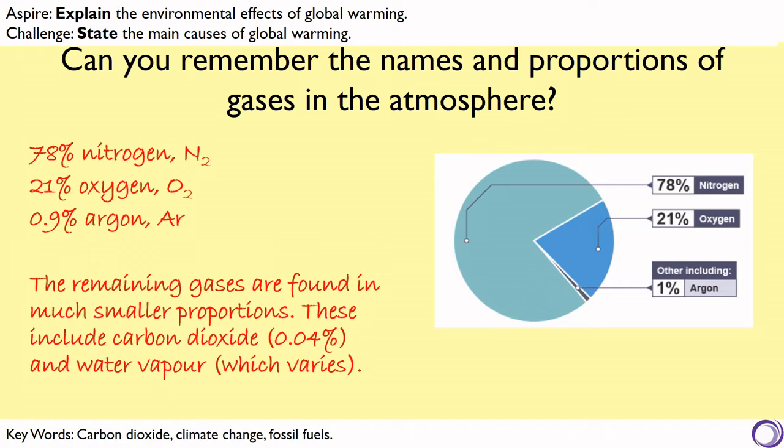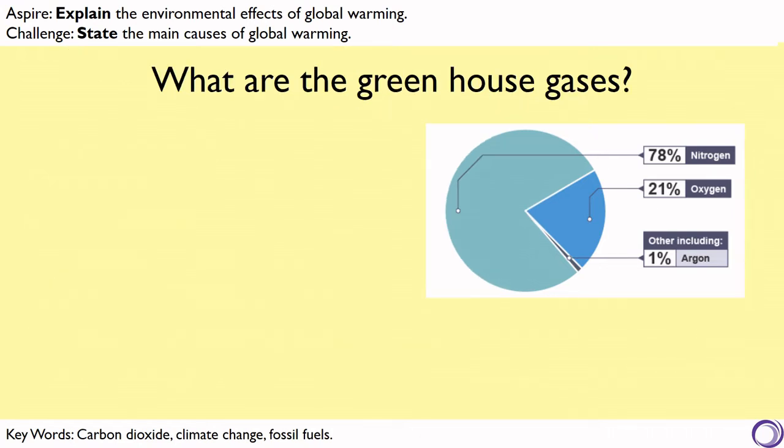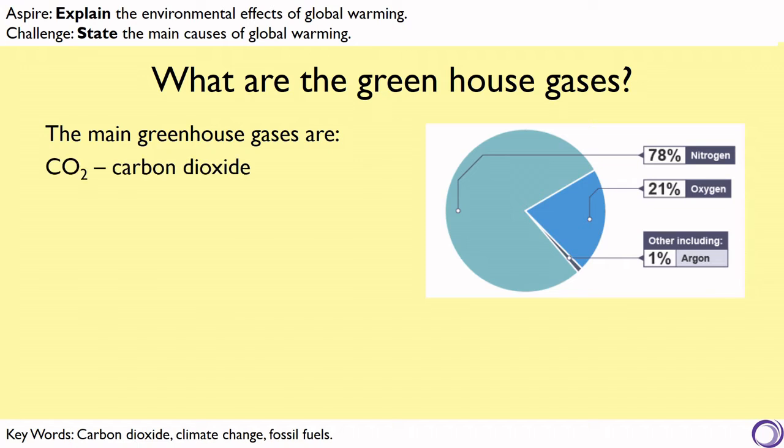Now, there are some other gases that are in incredibly small proportions, but the greenhouse gases are carbon dioxide, water vapour, and a gas called methane. And those gases in our atmosphere cause the greenhouse effect. And the greenhouse effect is good because it ensured that the temperature on our planet was hospitable.